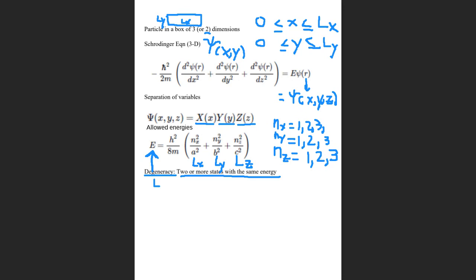For example, imagine that the room you are in, or the room that the gas particle is in, is cubic in shape. In other words, it has the same value in each dimension.